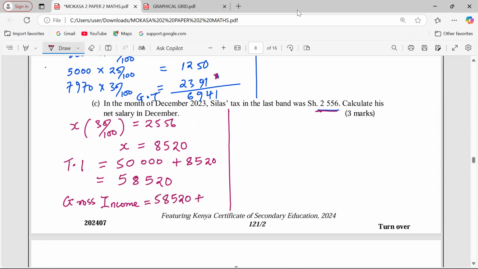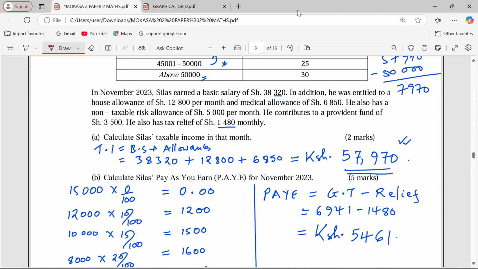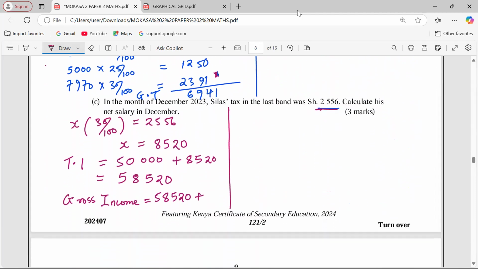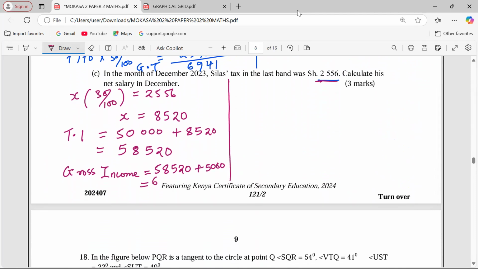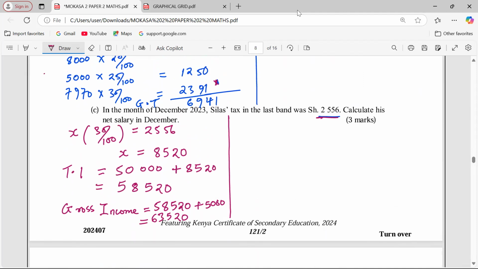Then we are having some hardship allowance here, which is not taxed. So it's part of the income, 5K. So we add 5,000 now. So gross income, all the income, is going to be 63,520. So this is the amount which we are calling the gross income.